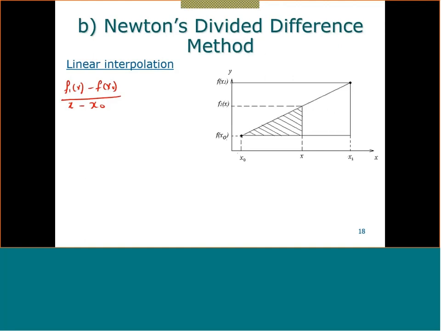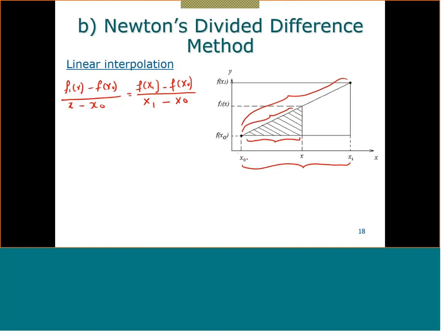So this will equal f of x1 minus f of x0 divided by x1 minus x0. In other words, this length divided by this length will equal this bigger length divided by this length. This is as simple as that.